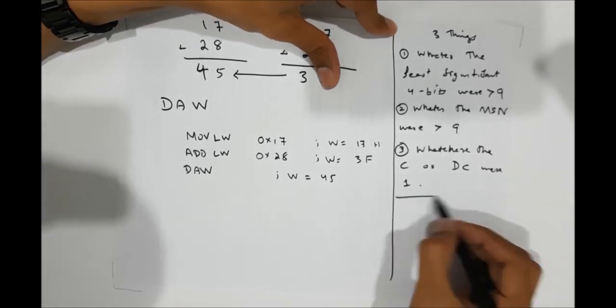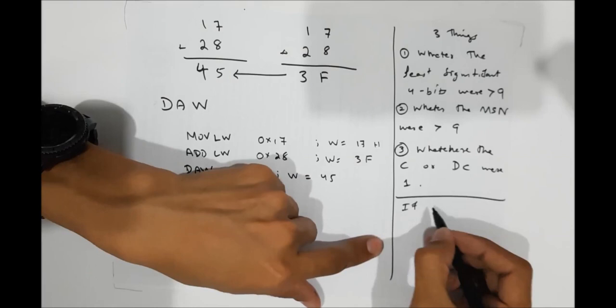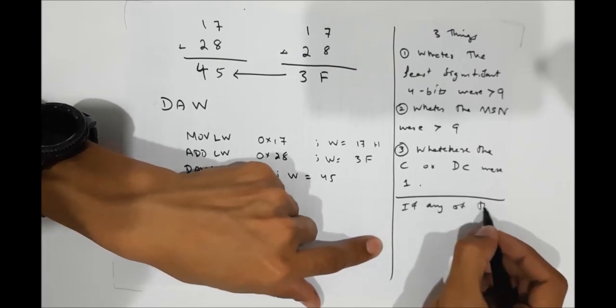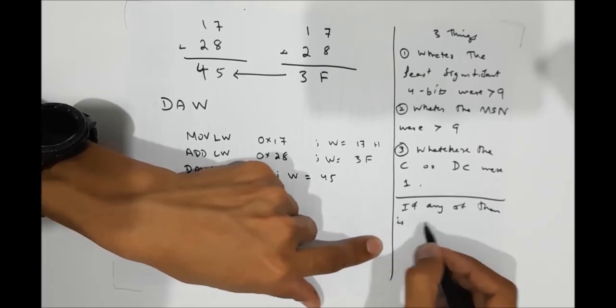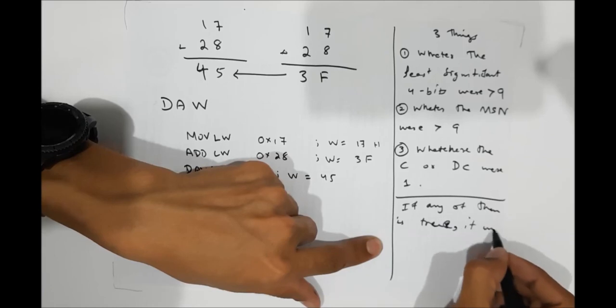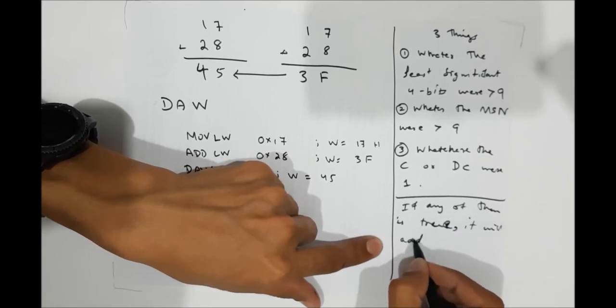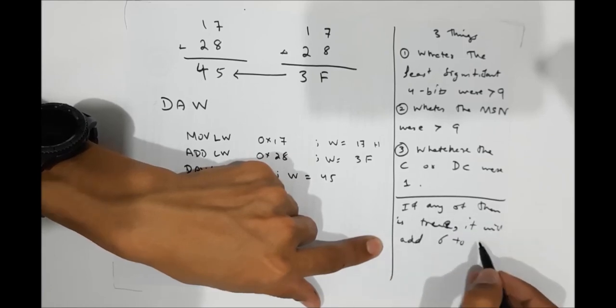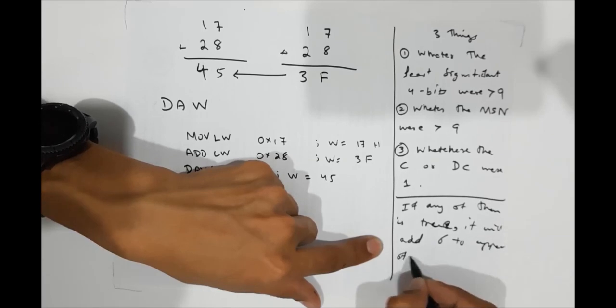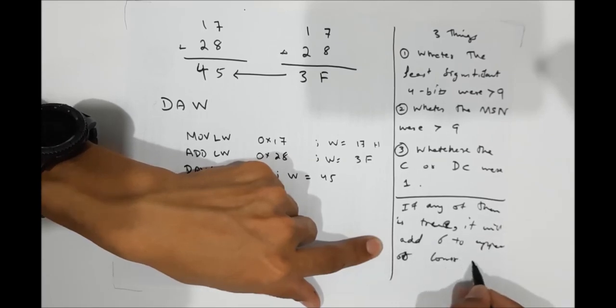In all these cases, if any of them is true, it will add 6 to the upper or lower nibble accordingly.